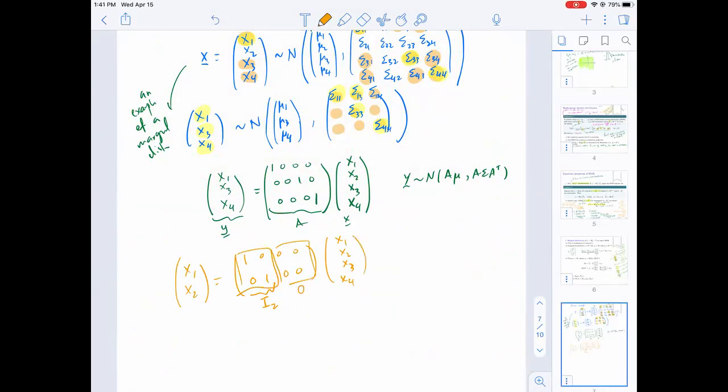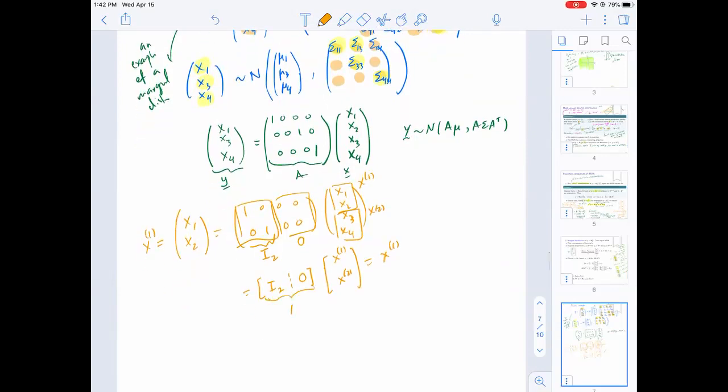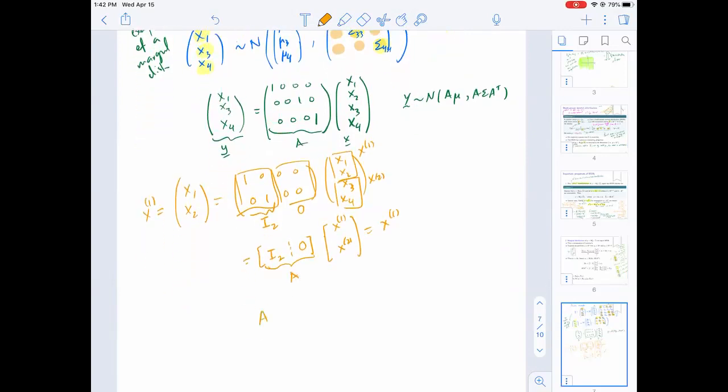So I can write this as identity, 0 times x, where x1 is this part and x2 is this part. Then this just turns out to be x1. You can see that this is A, and then A sigma A transpose is just going to pick this subblock of sigma.